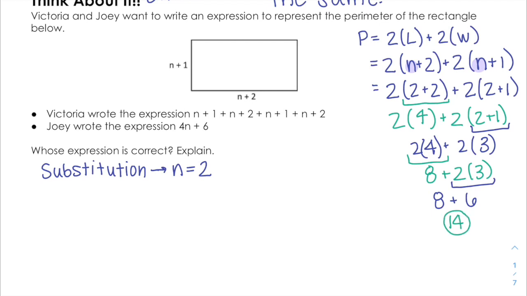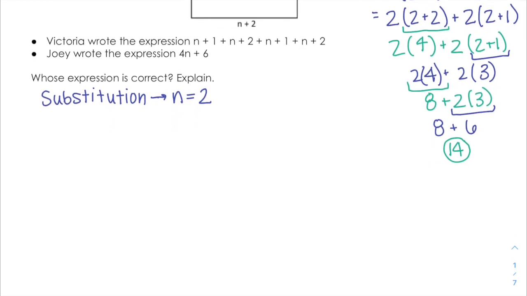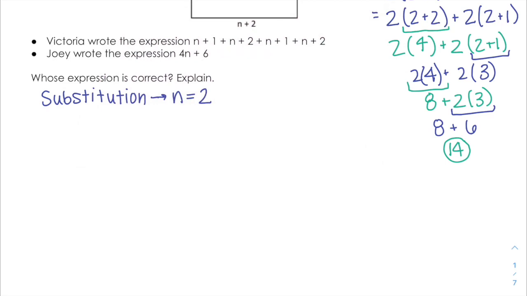So if Victoria's or Joey's expression ends up being 14, then it sounds like they have the correct expression. Let's test those out. We have Victoria. Let's write hers out, I'm going to do this one in blue: n plus 1 plus n plus 2 plus n plus 1 plus n plus 2.